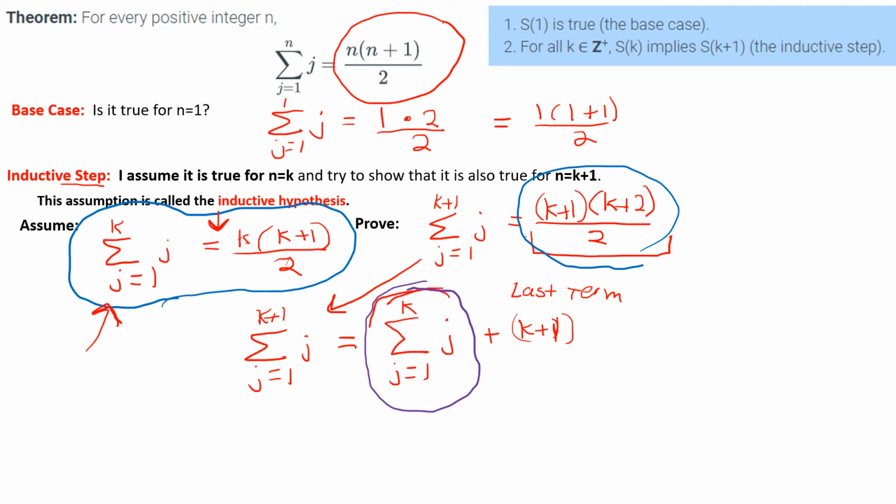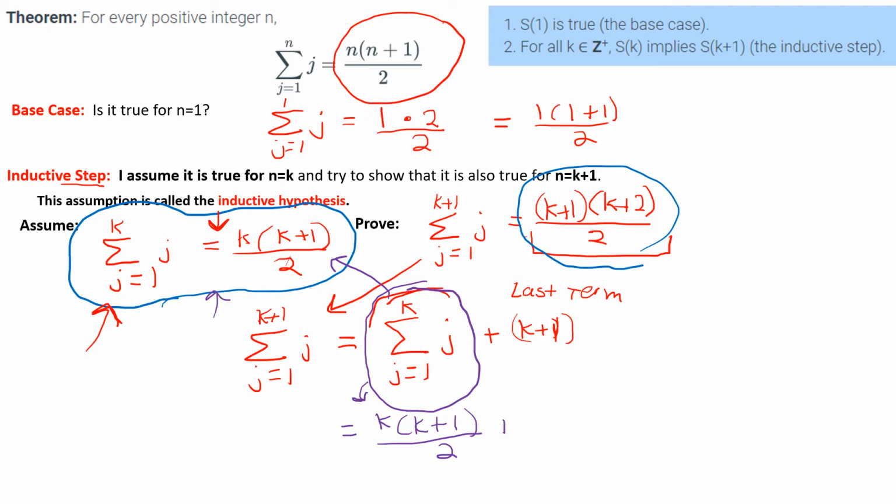We know that is equal to this up here because that is what we are assuming. So I'll say that is equal to k times k plus 1 over 2. Okay, so we're just assuming this is equal based on this assumption right here.